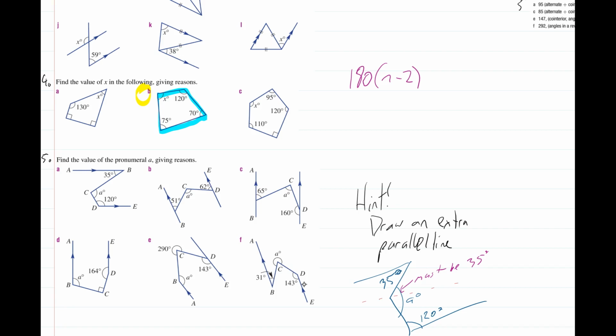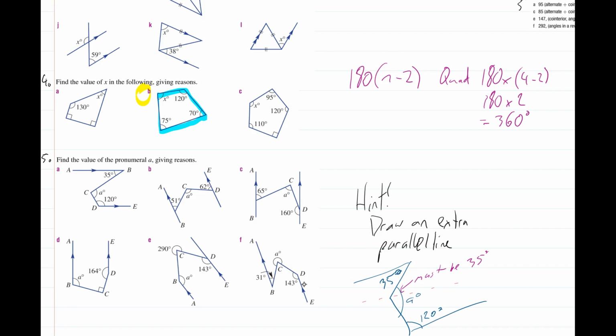So if we plug it in for the quad, we're going to have 180 times 4 take 2, which is 180 times 2, which is 360 degrees.